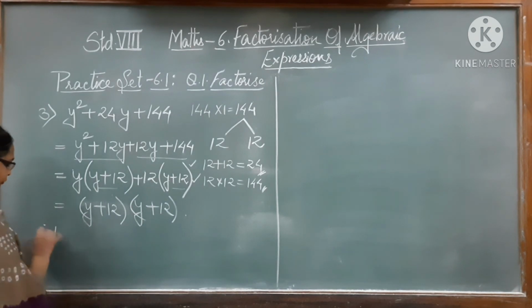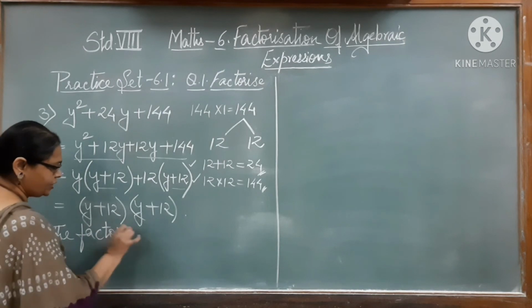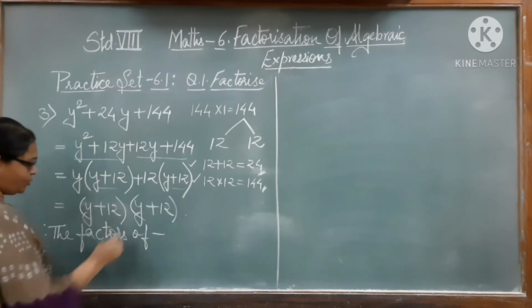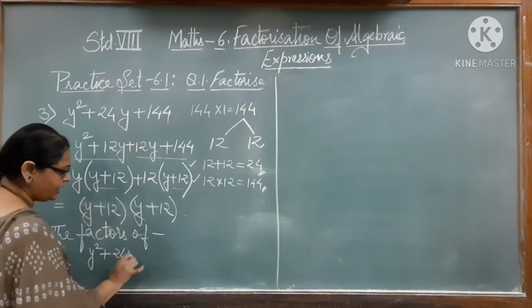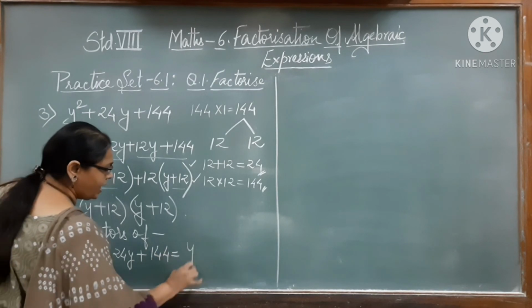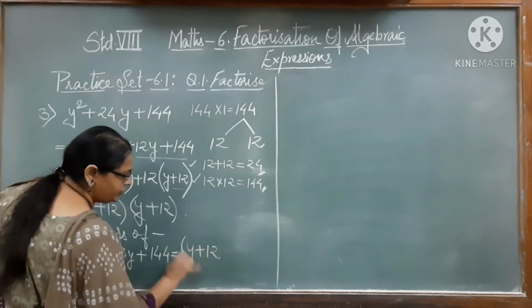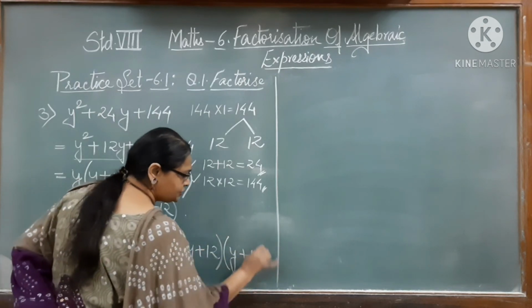So therefore the factors of y squared plus 24y plus 144 are y plus 12 and y plus 12.